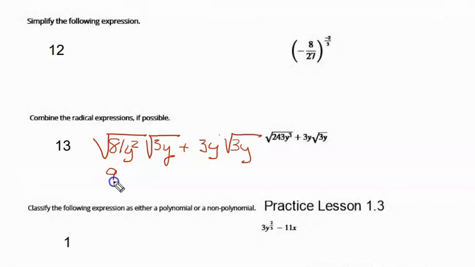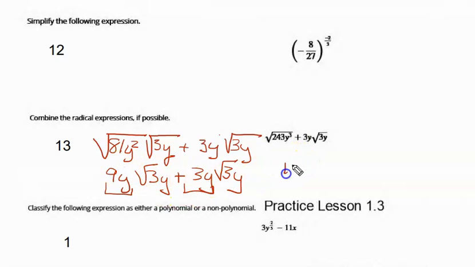Well, this is 9y, the square root of 3y, plus 3y, the square root of 3y. Now when the radical portion is the same, we just add up our, in a sense, coefficients, which gives us 12y, the square root of 3y. Okay, that completes this. Again, it's only a selection of some of the practice as you get ready to do the certify.